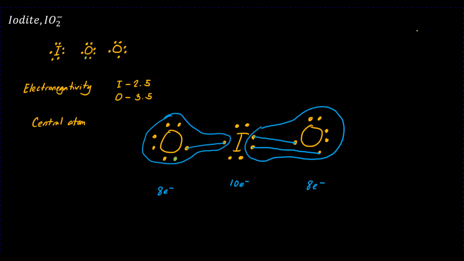Now we can move on to the next step. I will just rewrite the structure here at the top right corner. Now we move on to the next step, which is to count the number of electron groups, because the number of electron groups, along with the structure that we draw here, can help us determine both the electronic geometry and molecular geometry.